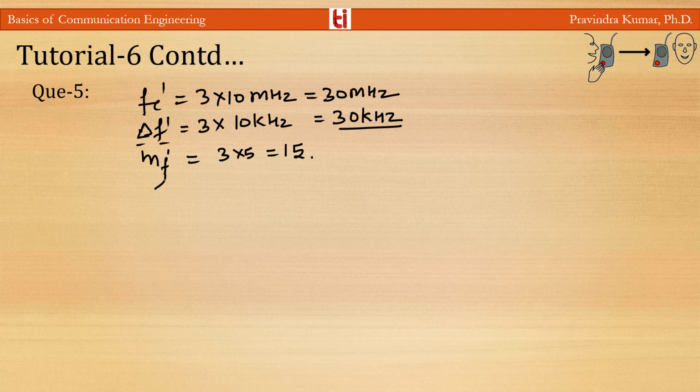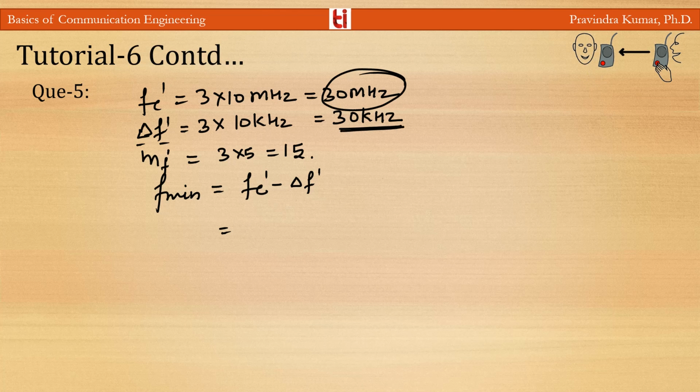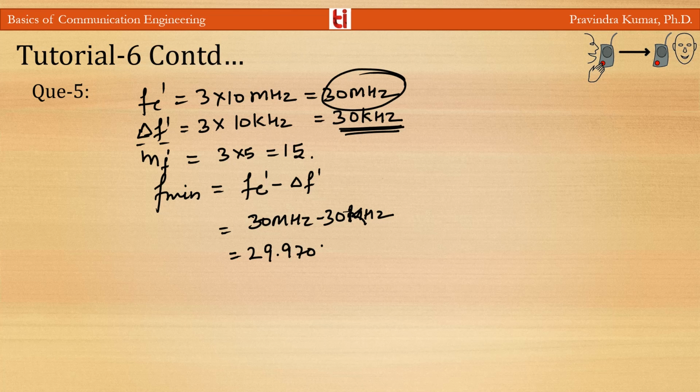Now the minimum frequency at point A, F minimum, is Fc dash minus del F dash, so it will be 30 megahertz minus 30 kilohertz, which is equal to 29.970 megahertz.